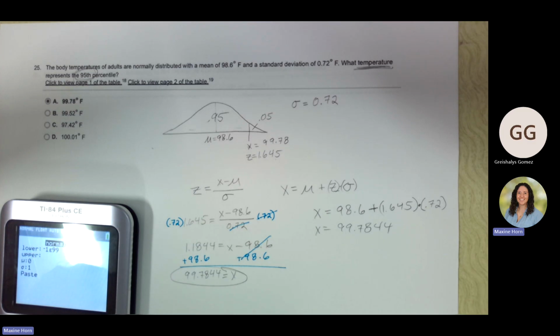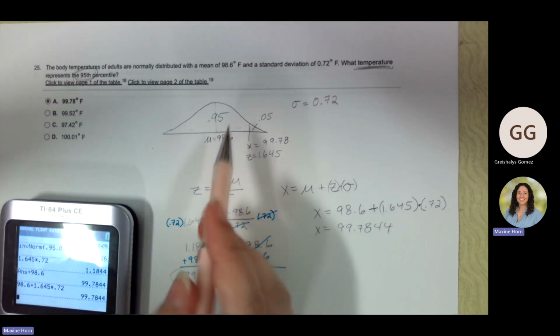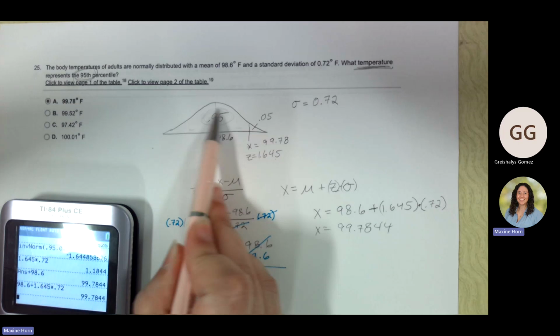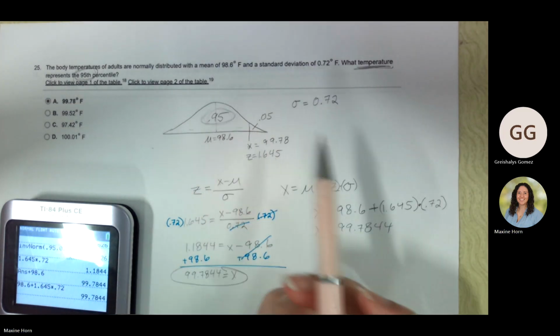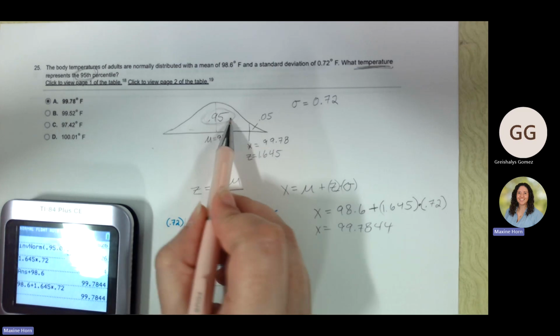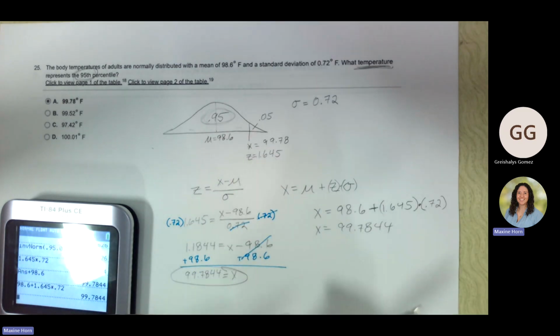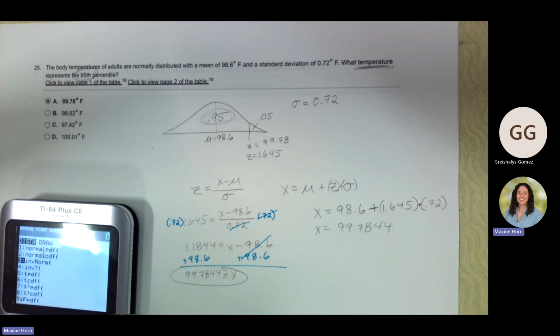Well, I don't know that bound. What I do know is the area. What I'm trying to say is that this is an inverse norm, just like the ones that we just did a minute ago, right? So we go to second vars, we go to inverse norm.